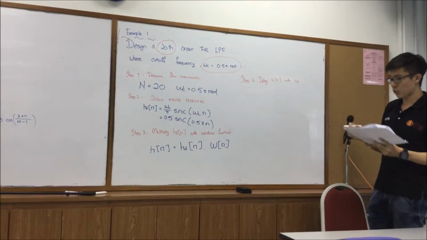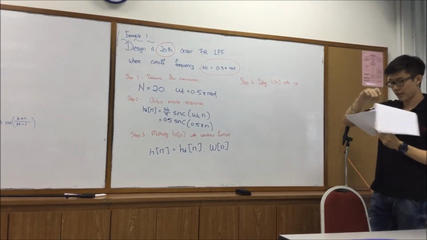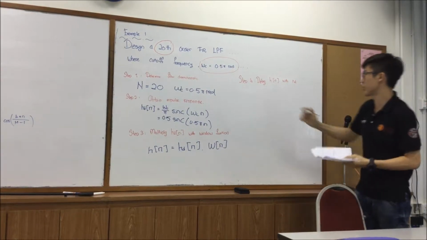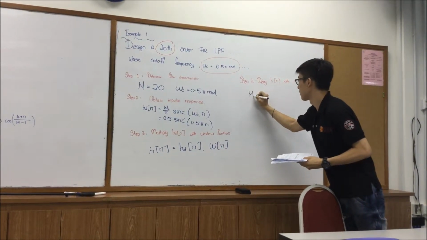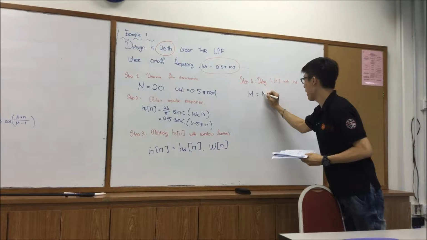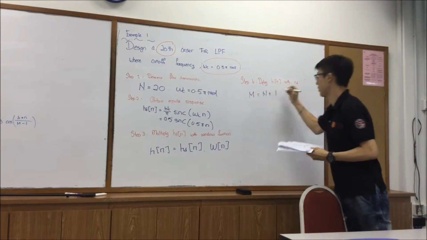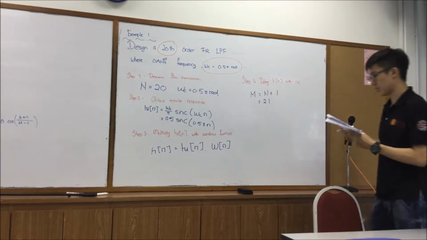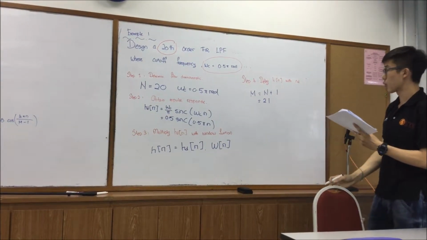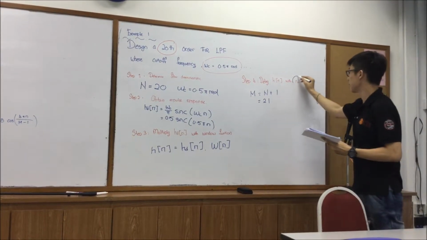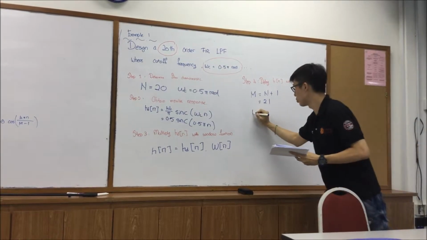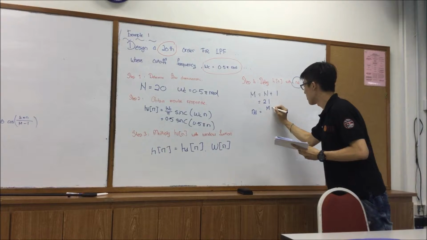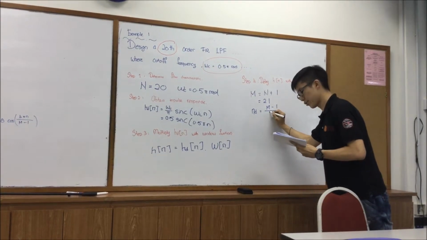First, we need to calculate the filter length, which is N. N equal to n plus 1 equal to 21. Next, we need to calculate the n_d, where n_d equal to (N minus 1) divided by 2.